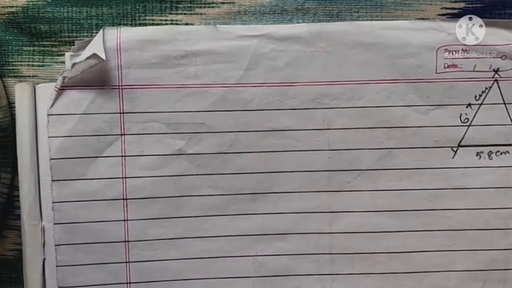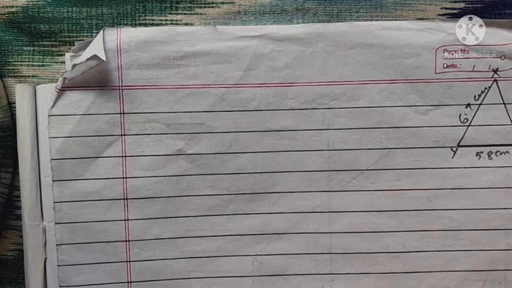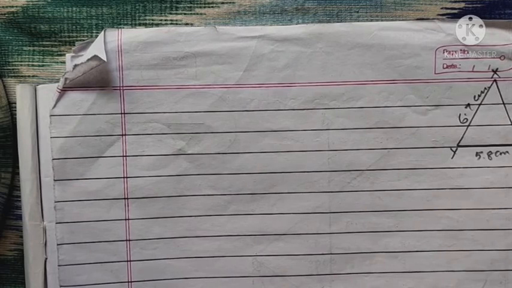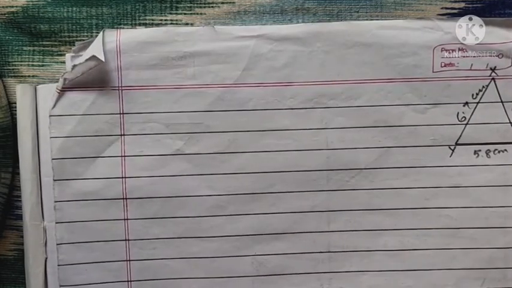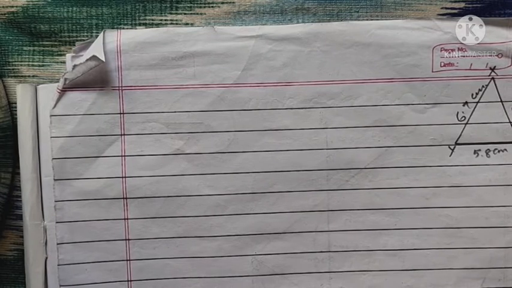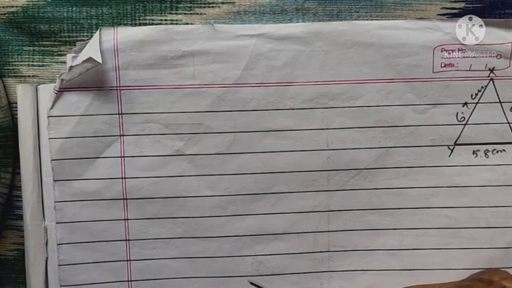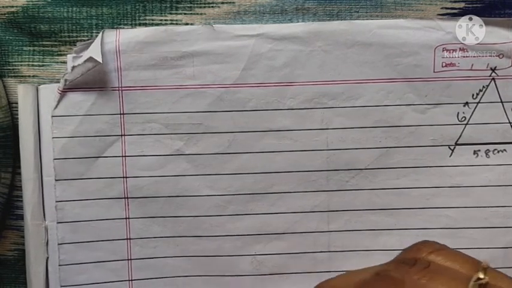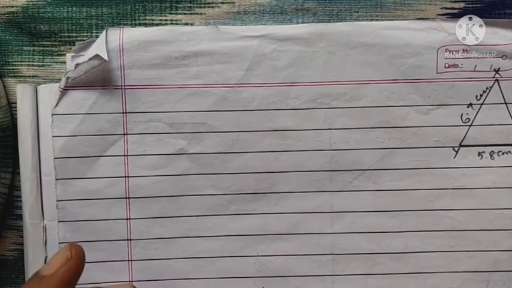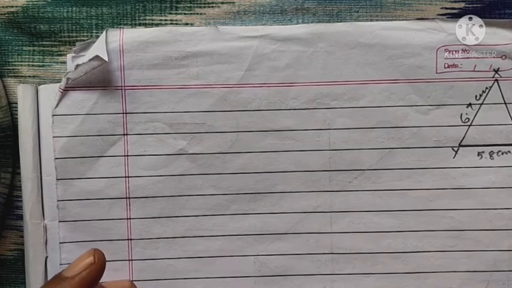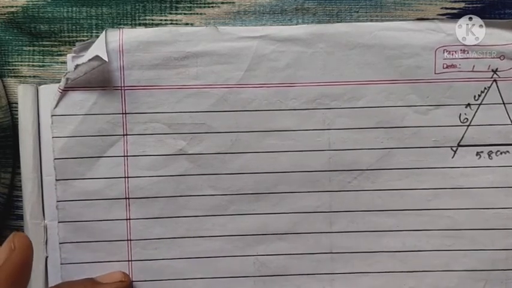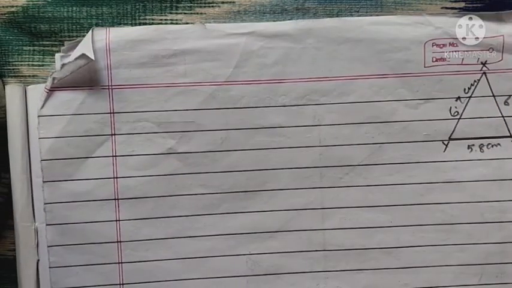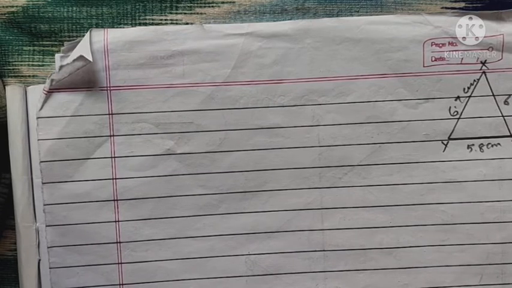First of all I am going to draw base YZ as 5.8 centimeters. Now XY is 6.7 centimeters, so measure 6.7 centimeters on the compass.